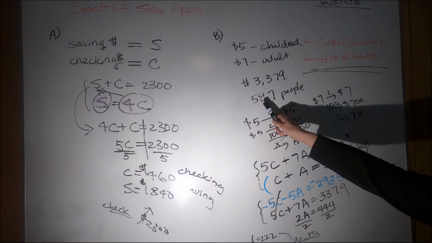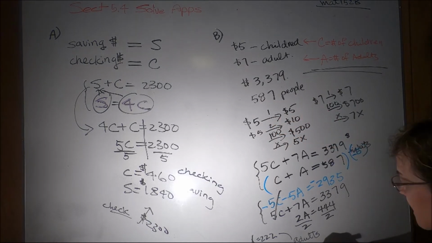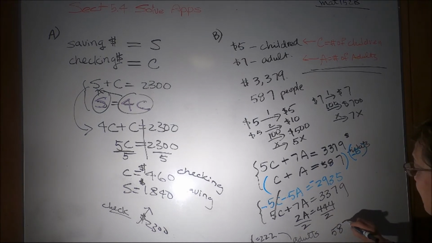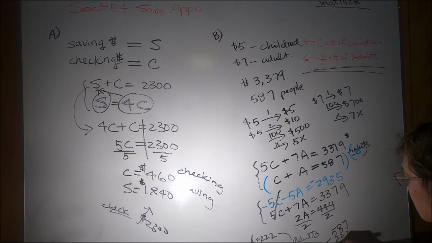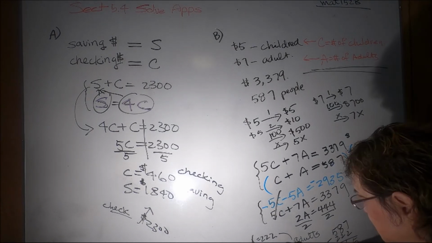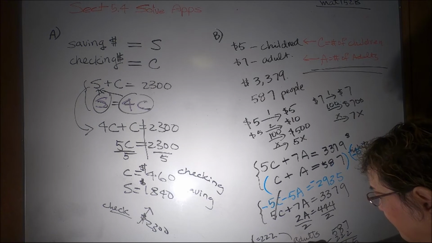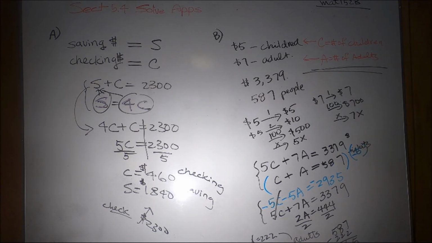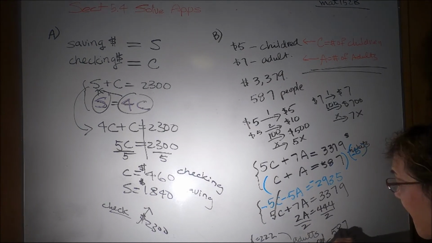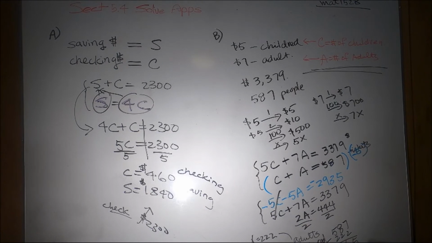Because the total is what? 587. So you do what? 587 minus 222. You end up with what? 365. So 365 of what? Dollars? No. Right? It's the number of children. That's how you do it. Got the idea?